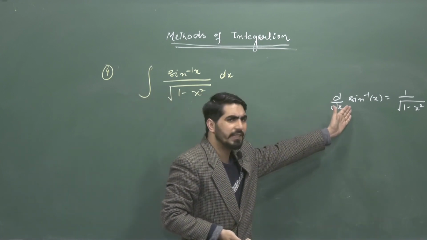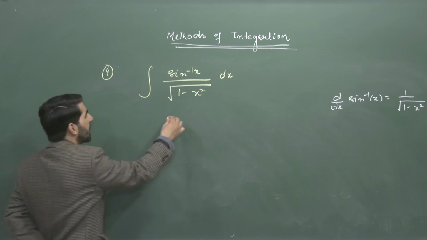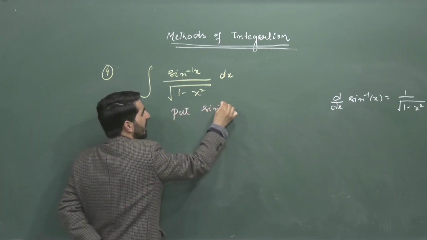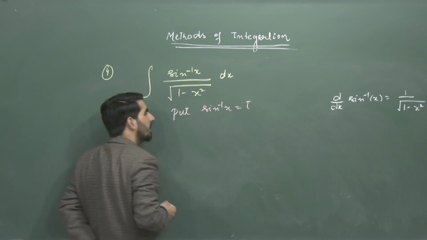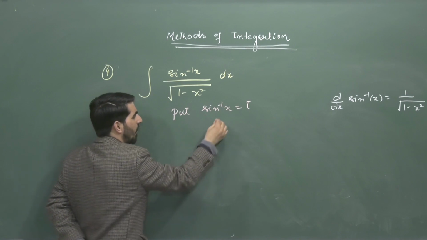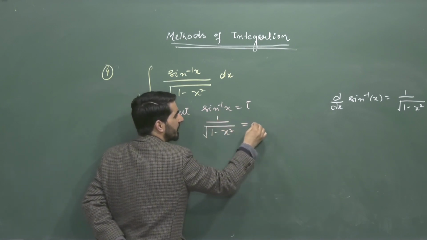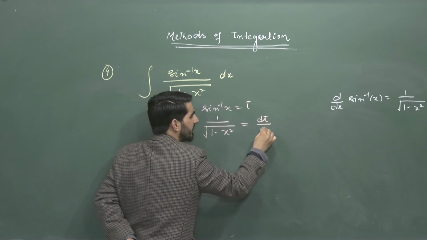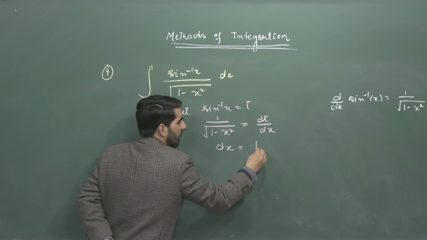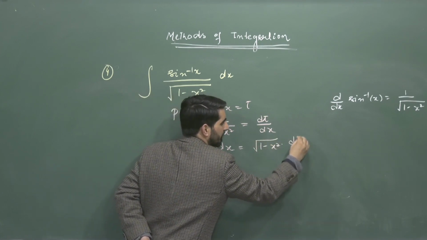So we will put here sin inverse of x is equal to t. So the differentiation of sin inverse of x is 1 divided by square root of 1 minus x square, that is equal to dt by dx, and dx will be square root of 1 minus x square into dt.